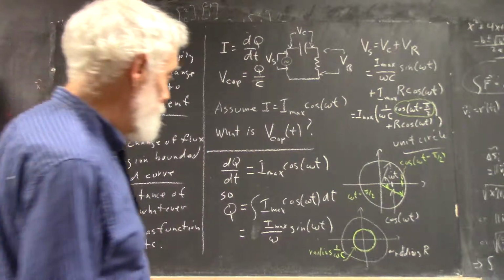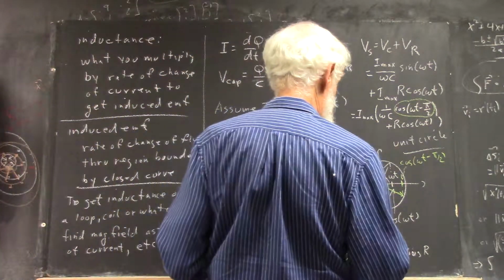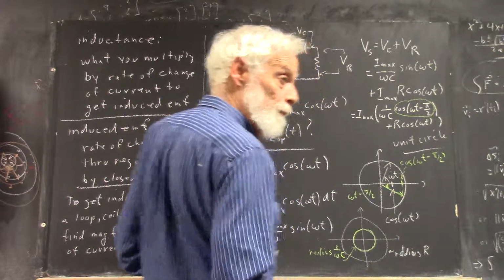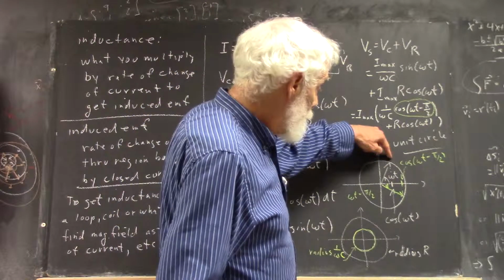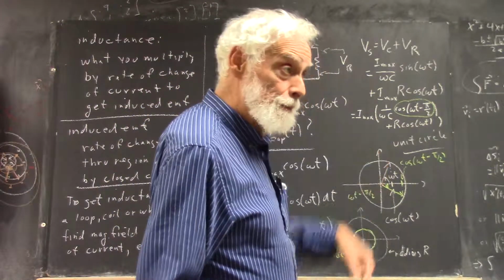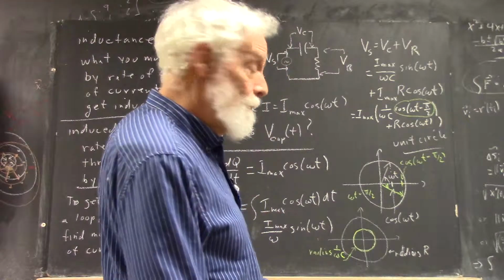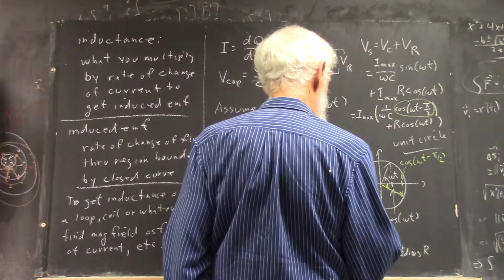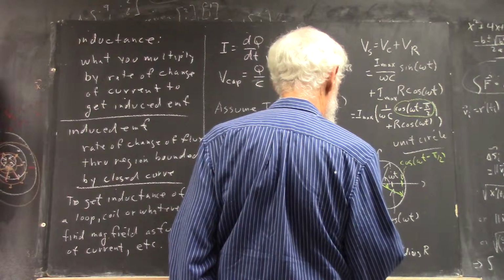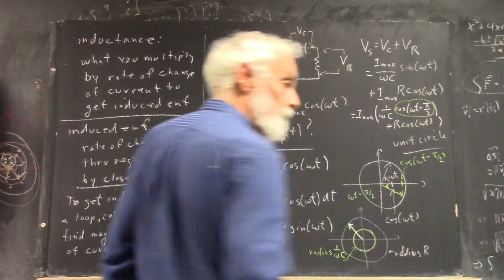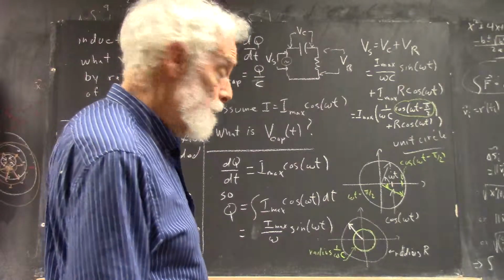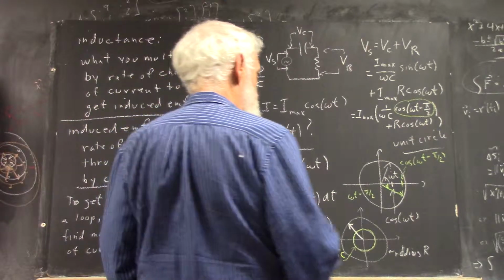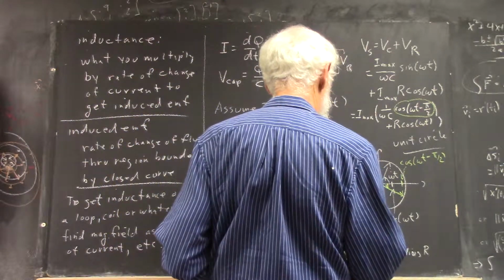And then I'm going to draw my arrows. Wherever this arrow is, this one is 90 degrees behind it. So, just to generalize, I'll put this one out here, and I'll put this one at 90 degrees to it right here.